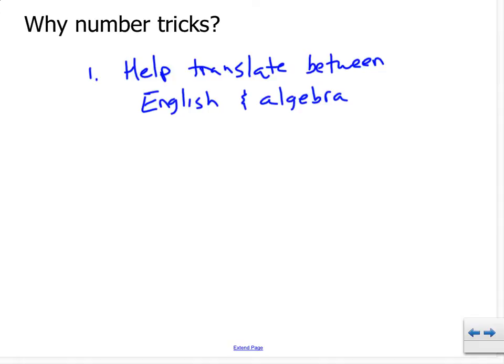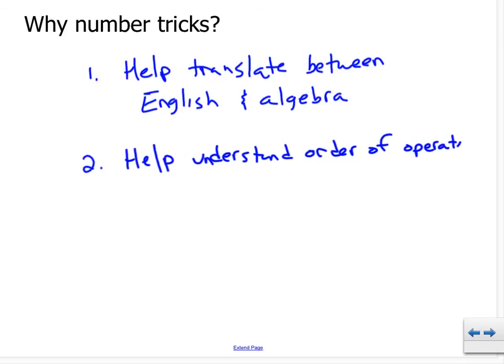It's a lot like English, but we use math. Another great reason why we use number tricks is it helps understand the order of operations. Because as we'll see going on in the future, if we can understand the order of operations, we can undo them.